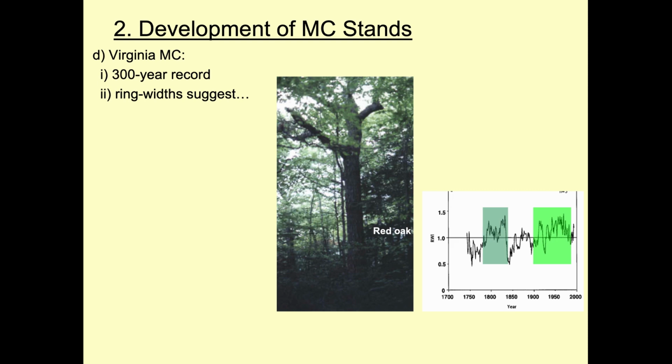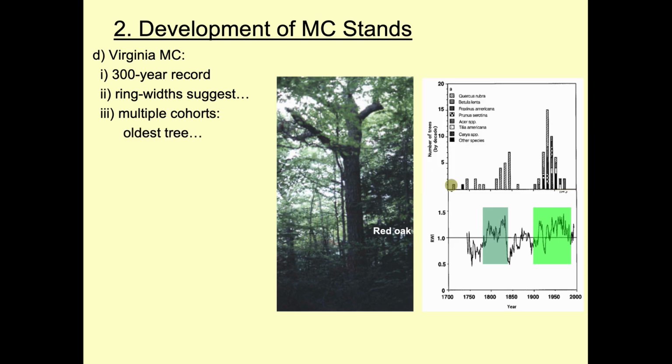These forests are comprised of multiple cohorts, with the oldest trees being established in the early 1700s. So we have this red oak being this early dominant species. We can see this histogram above here.